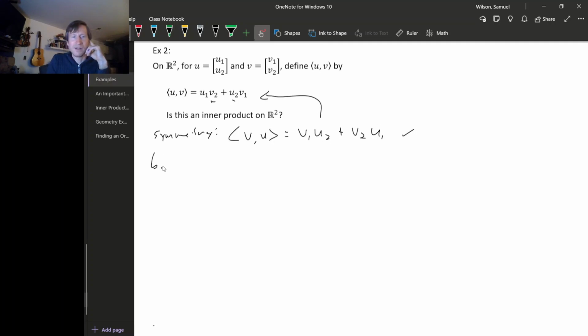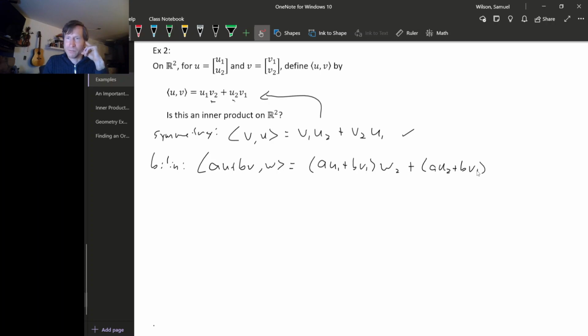Is it bilinear? If we have AU plus BV, inner product with W, what does this give us? This gives us (AU1 plus BV1) times W2 plus (AU2 plus BV2) times W1.